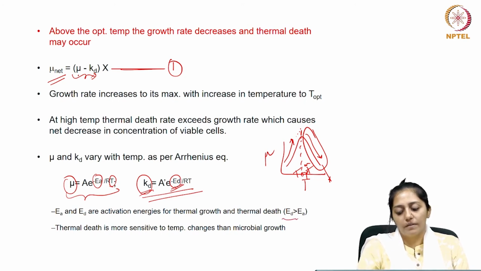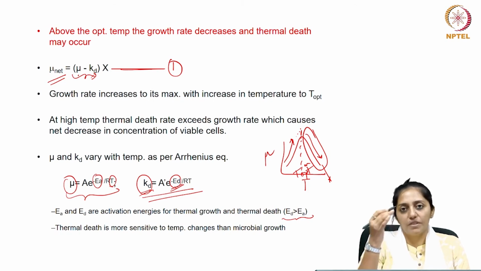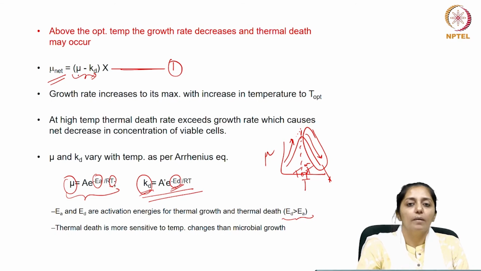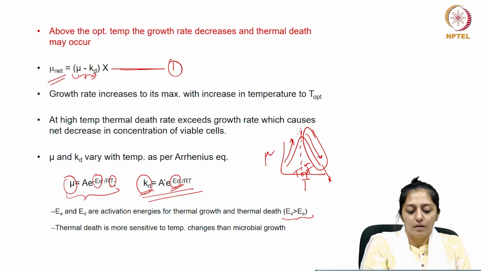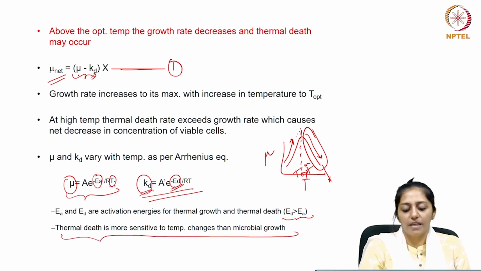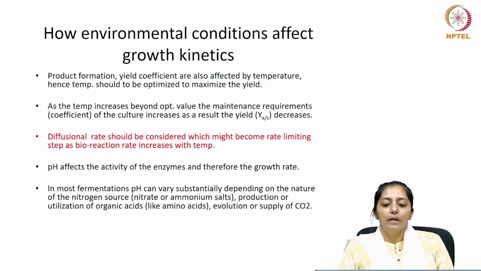It is observed that Ed is generally higher than Ea, because as the temperature increases beyond the optimum, growth will start decreasing. So the activation energy for thermal death is much higher than the activation energy required for growth. So thermal death is more sensitive to temperature changes than microbial growth because of this increased factor, Ed.